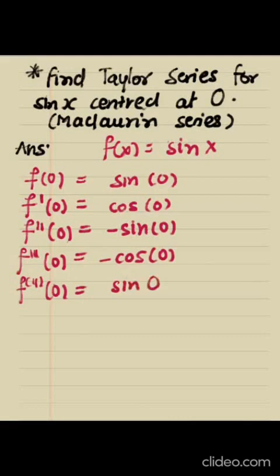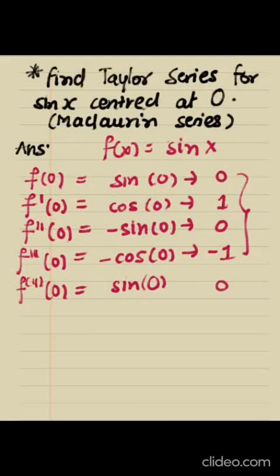So this is a loop. This keeps repeating itself. The values are sine of 0 is 0, cosine of 0 is 1, negative sine of 0 is 0, negative cosine of 0 is negative 1, and we have 0 here again. So these 4 digits keep repeating themselves over and over again. So we're going to use this to substitute into our Maclaurin series.